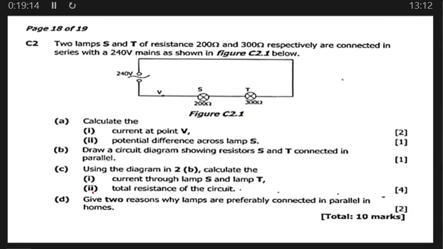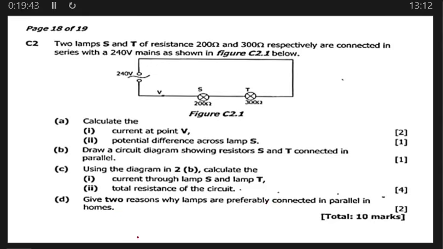Then 2, total resistance of the circuit. So for the circuit we will draw here, we will also calculate its total resistance. Then D, give 2 reasons why lamps are preferably connected in parallel in homes. So here you must give 2 reasons why it is preferable to connect lamps in parallel in our homes than in series.